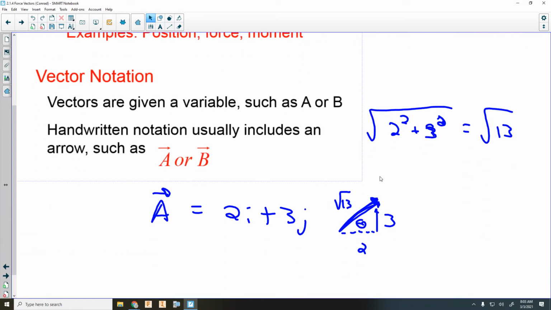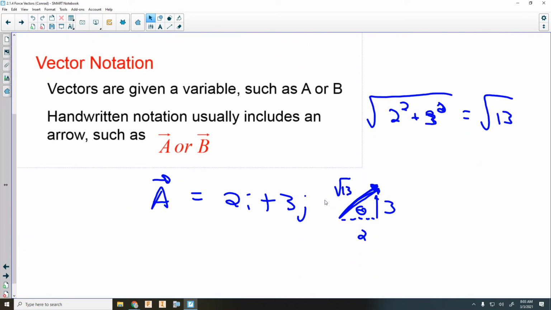When we're looking at vectors in math class, they sometimes write vectors in an i plus j form, where the i is the x value and the j is the y value. The only reason they did that goes back to 100 years ago.